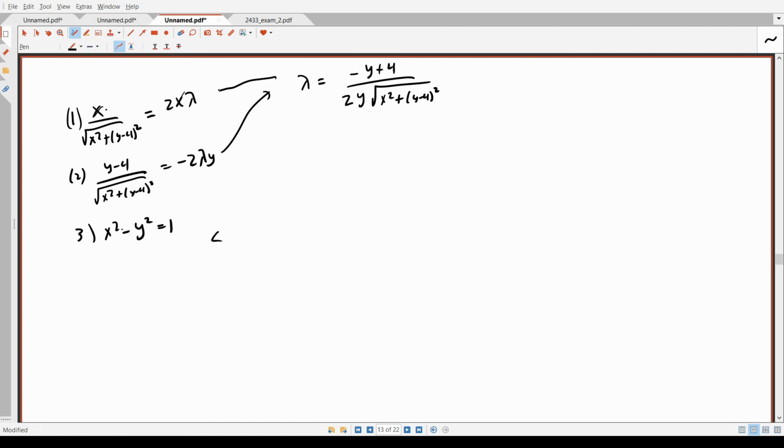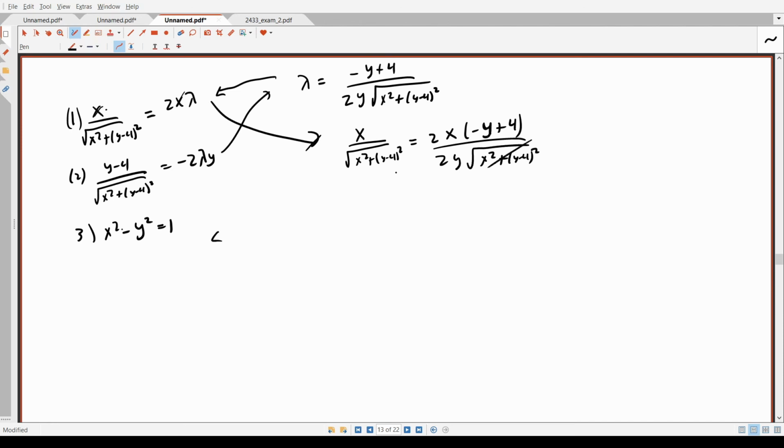And I take that and I substitute it back in here, which gives me x over root x squared plus y minus 4 squared equals 2x lambda, which is minus y plus 4 over 2y root x squared plus y minus 4 squared. So that cancels on that side. This cancels here. The x's cancel.